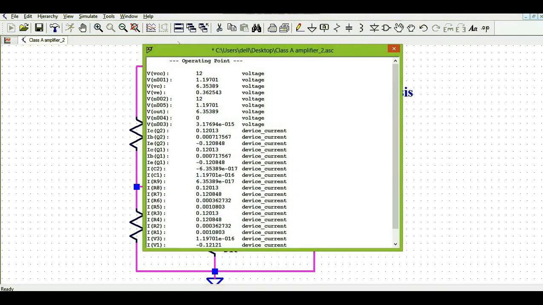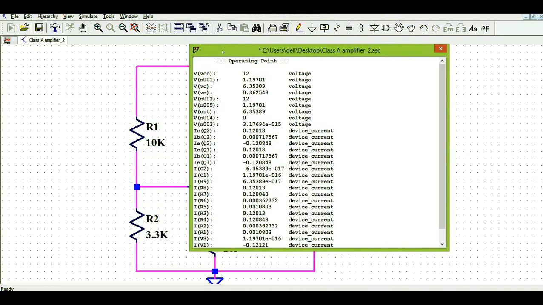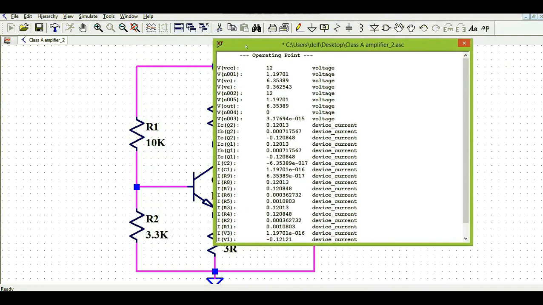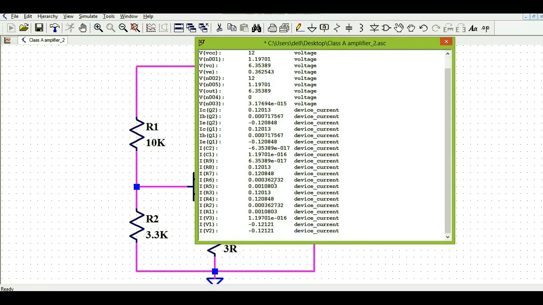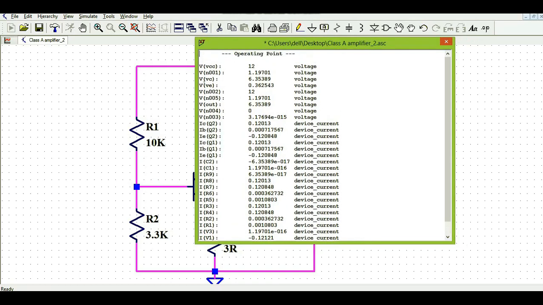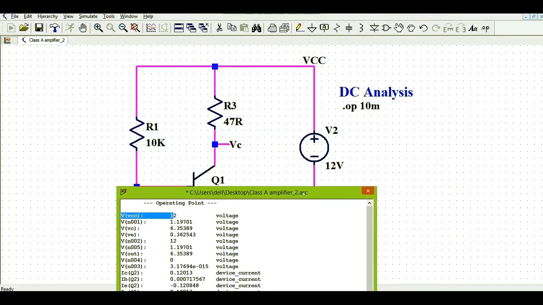Once you run the simulation for the DC operating point analysis, you will see a window with the different parameters. You can see the VCC, which is 12 volt in this case. You can see the value of V2.